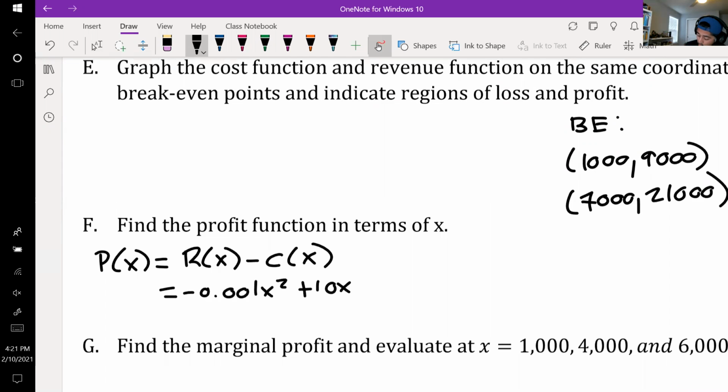And then we're going to subtract the cost function that was given above, and I believe it's 7,000 plus 2x, distribute that negative, and clean it up.